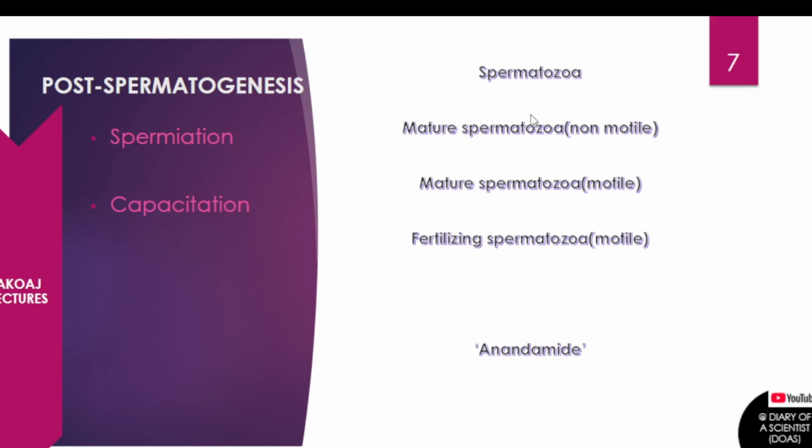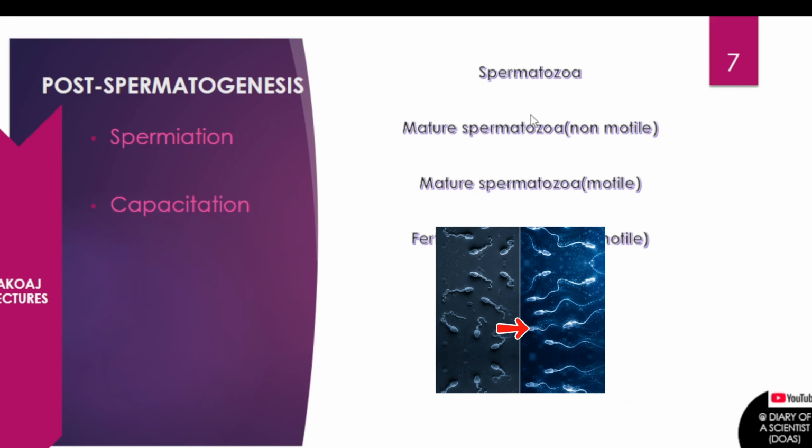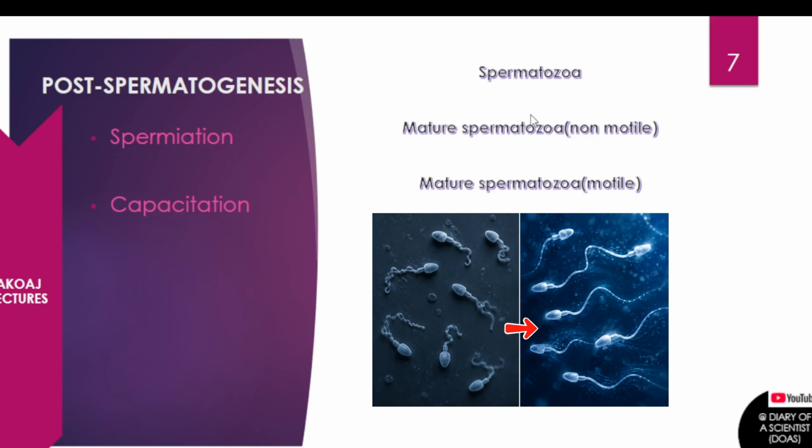The process by which a non-motile matured spermatozoon becomes a motile spermatozoon is known as spermiation. They become motile when their flagellum is well activated and can propel them through undulatory movements.